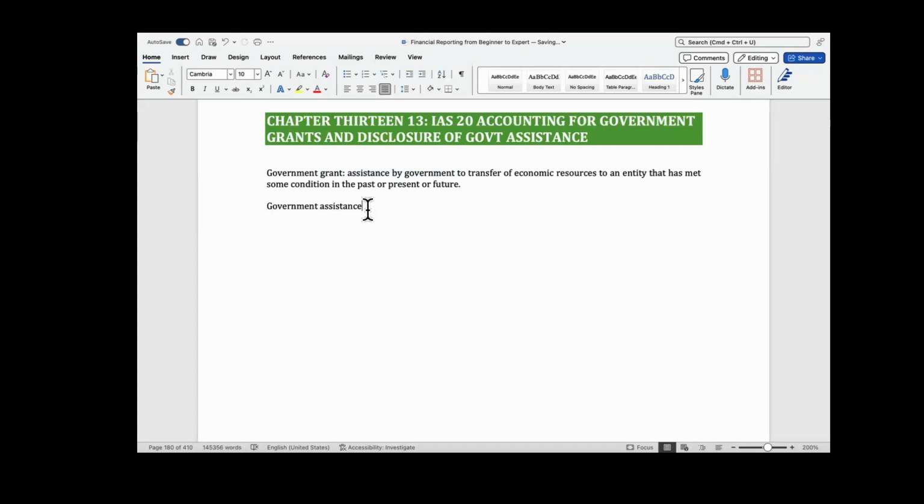So a government grant is also an assistance, but government assistance is beyond grants, is any action by government to transfer also economic benefits to entities qualifying under certain criteria.